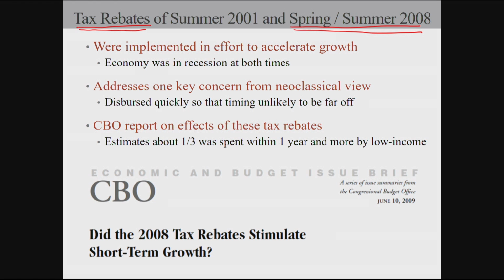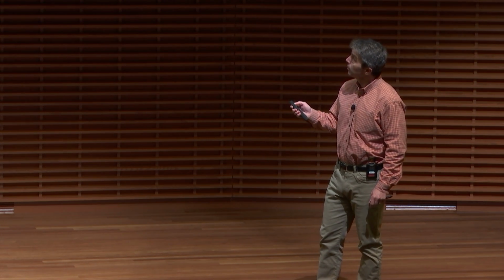Basically, these tax rebates were given to people: $300 per individual, $600 for married couples, and these checks were sent out over about a 2.5-month period. These were implemented in an effort to try to accelerate growth.